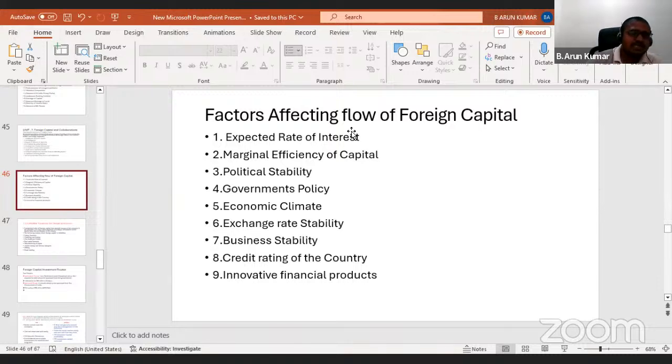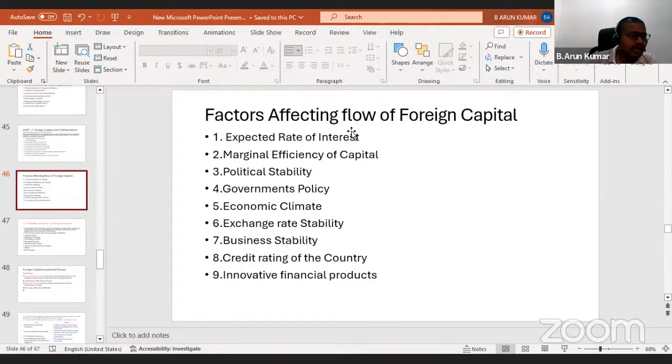Marginal efficiency means that FIIs also consider which country is performing more effectively and more efficiently; that country will definitely get more foreign funds, more FDIs or FIIs, because it gives more rate of interest or more rate of return.